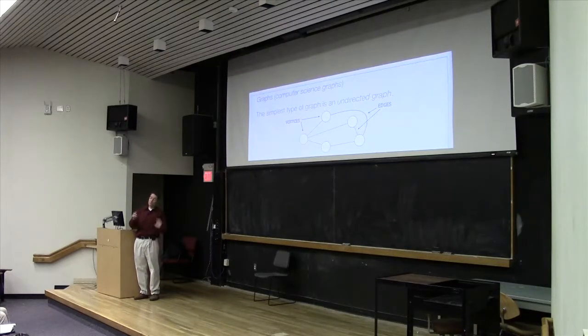You can actually store data in the edges as well. We'll get to that in a little bit too. But what it means to be undirected is that these lines do not have arrows on them. They are just connecting two vertices. An undirected graph has no directional distinction between the two vertices that it's connecting.